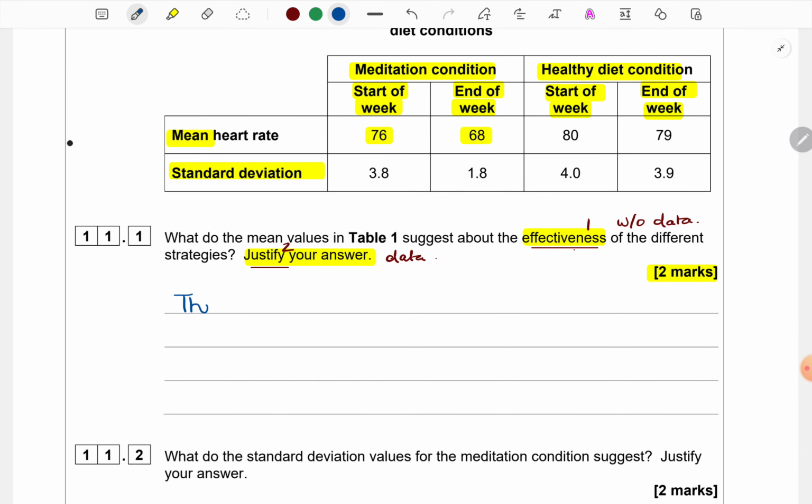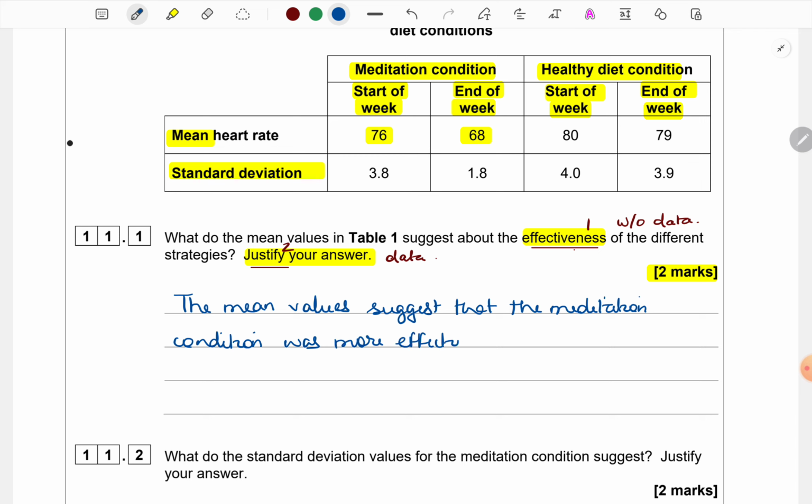The mean values suggest, okay, as always, I'm taking the wording from the question itself, that the meditation condition was more effective in producing relaxation.